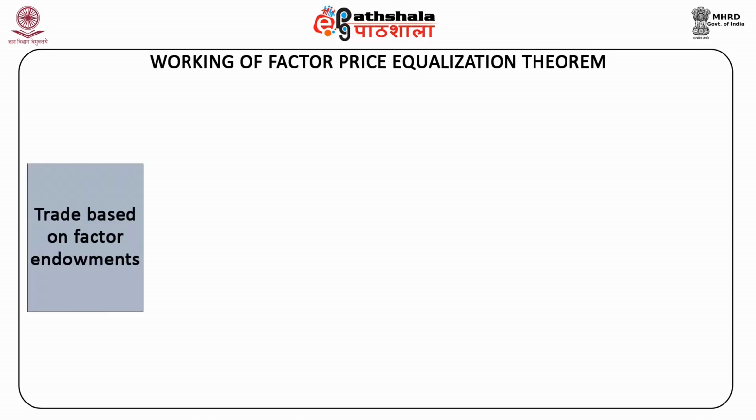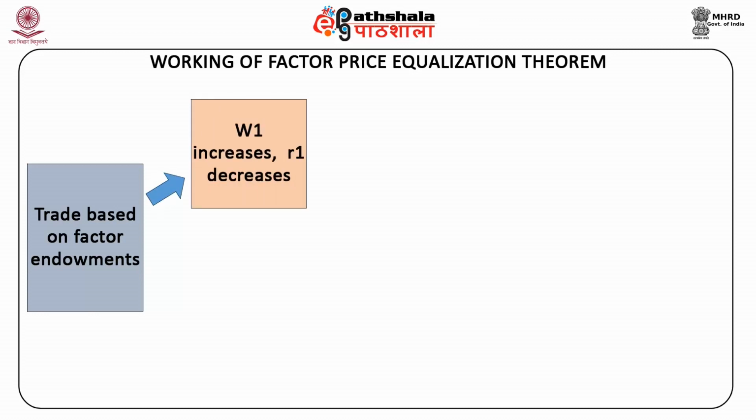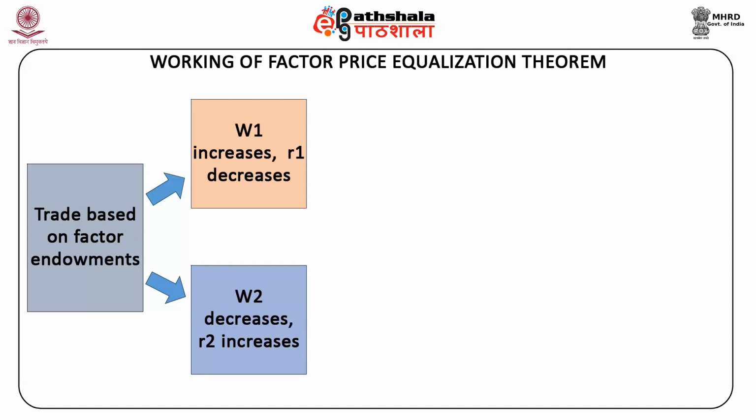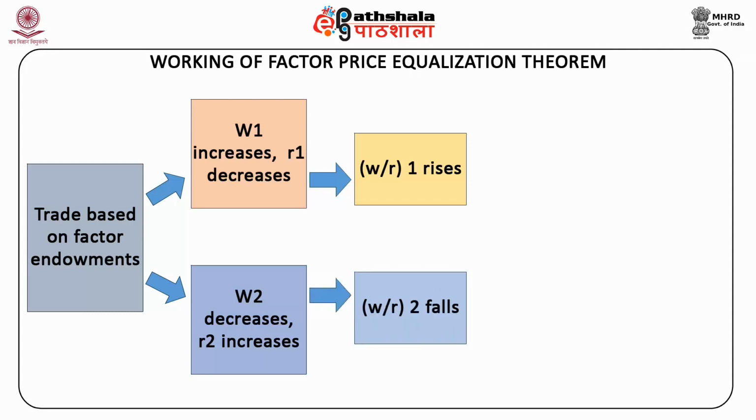The diagram shows the working of the factor price equalization theorem. When trade occurs on the basis of factor endowments, then in nation 1 the wage rises and the interest rate falls, while at the same time in nation 2 the wage falls and the interest rate rises. This leads to a rise in the relative wage rate in nation 1 and a fall in the relative wage rate in nation 2.